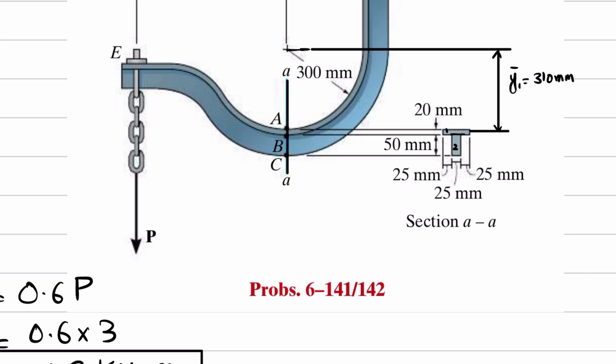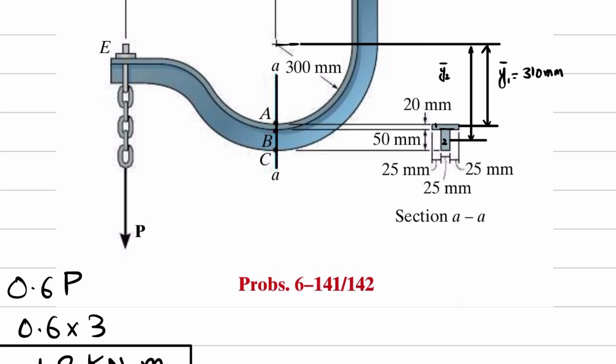What is Y2 dash? So Y2 dash is distance from center of curvature till the centroid of second section. So this is Y2 dash. Let me write it first. You can see that this will be equal to 300 plus 10 is 310, and the half of 25 is 12.5, so 345.